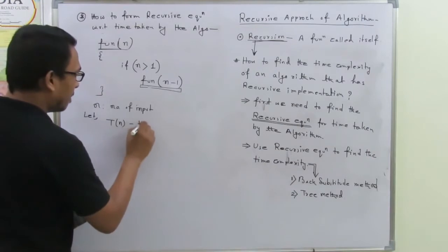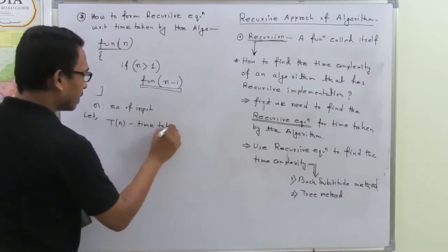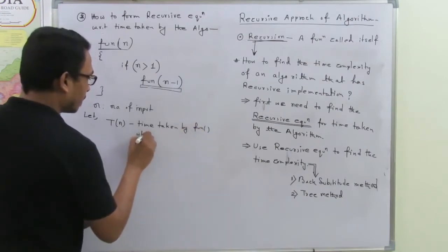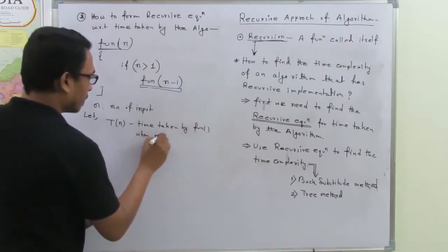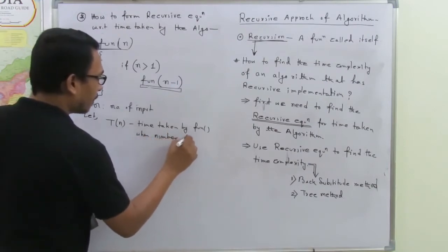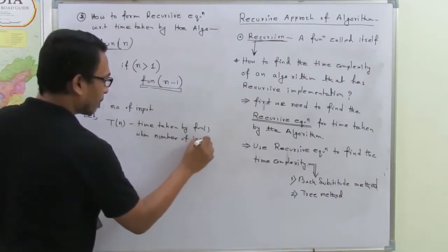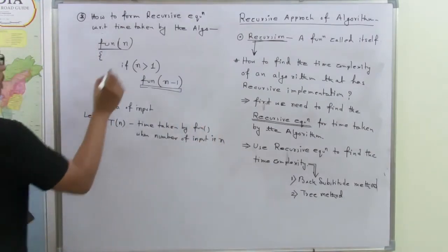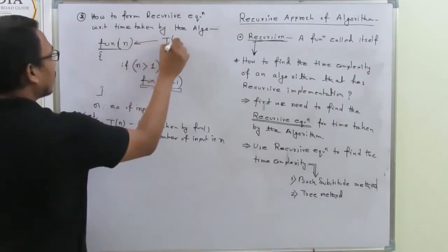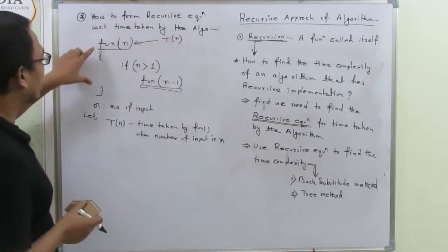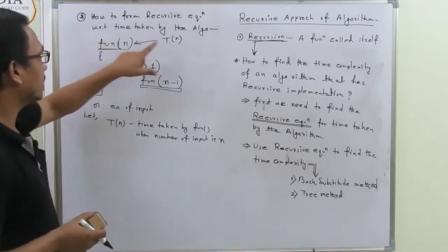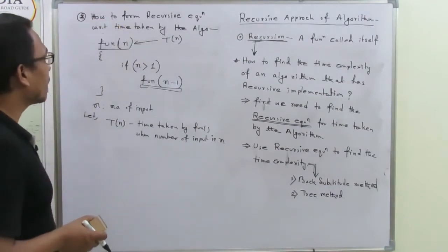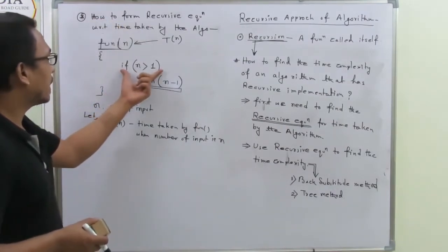That means time taken by function when number of input is n. Clear? That means this is our t of n. That means the time taken by this function is t of n, because this is our n, that means number of input. Now how much time is taken by this particular statement?